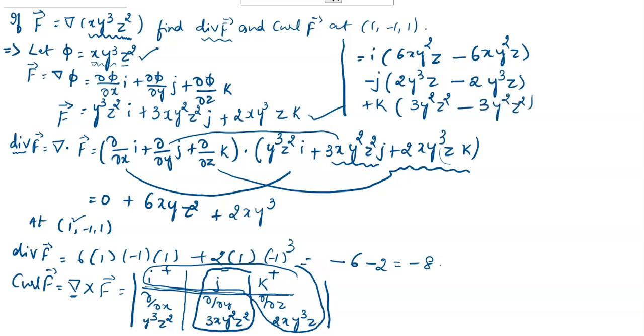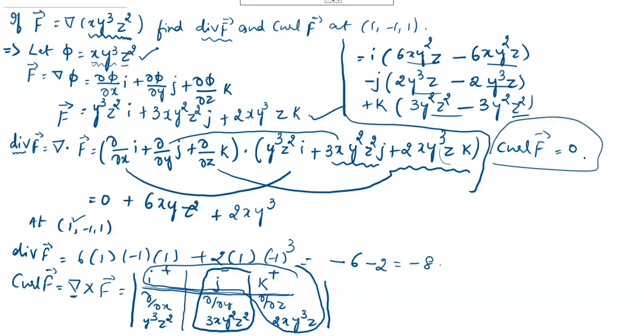We have opposite signs for the respective terms, so they cancel, and we get the curl of f vector as 0. We do not have any x, y, z to substitute at the given point. Therefore the curl of f vector is 0.